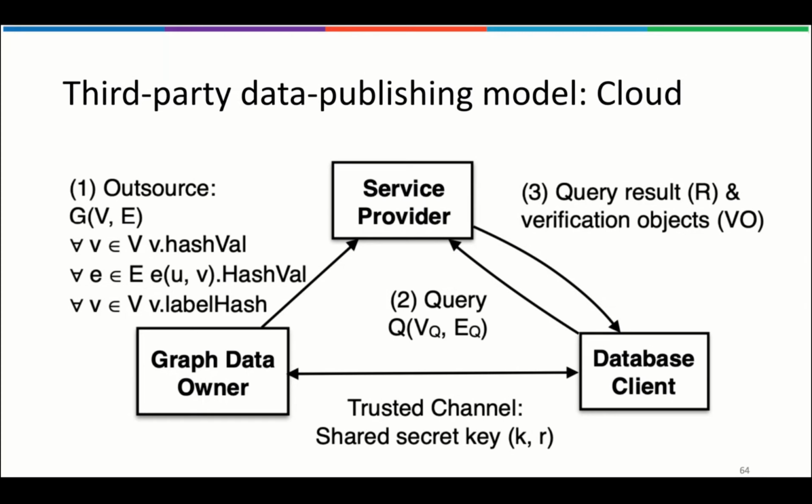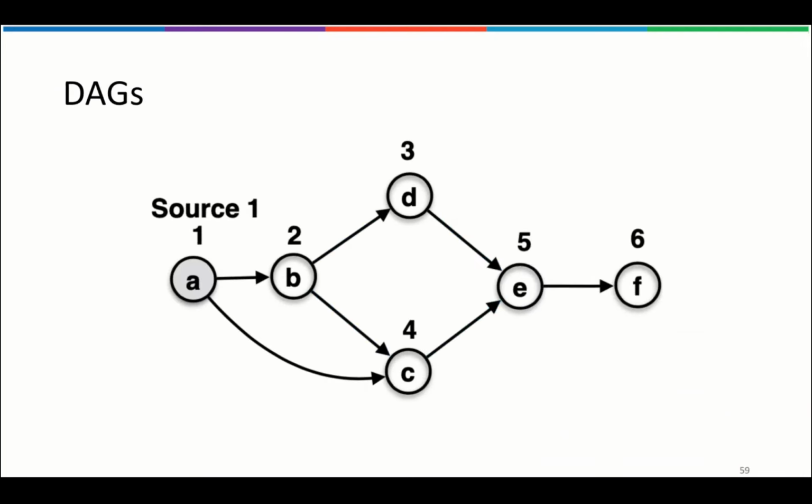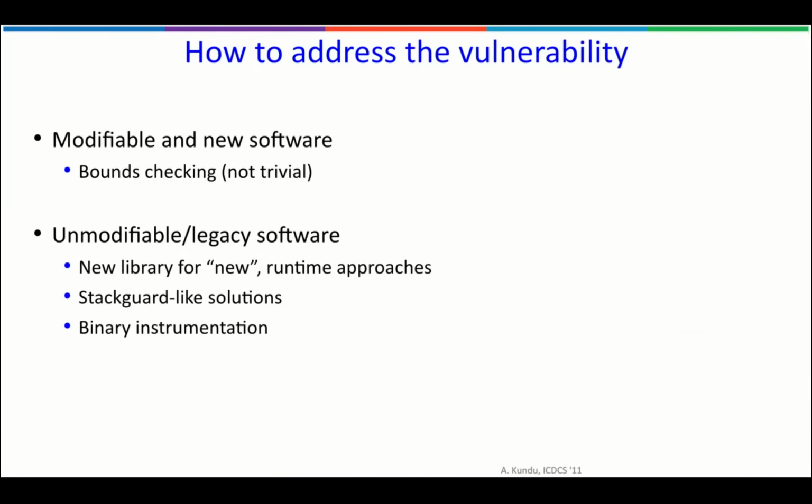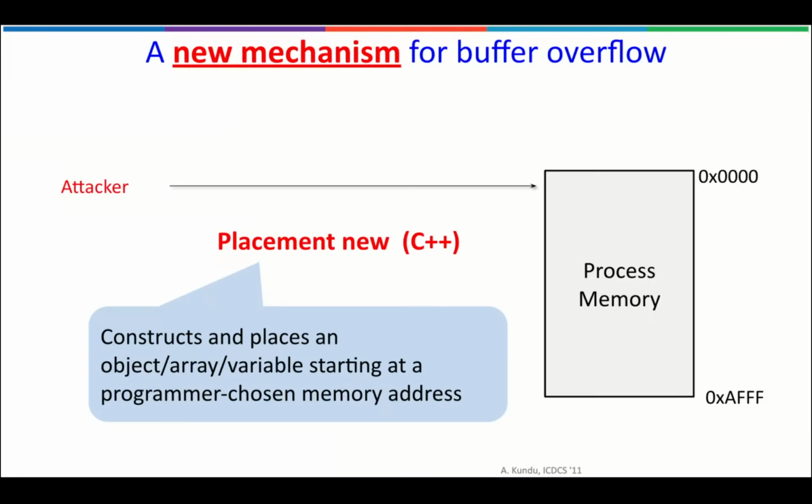Now, question 7: what are placement new attacks? Placement new attacks are carried out by exploiting the placement new vulnerability. In the second mini talk, I introduced the concept of placement new, which is that you can place an object, an array, or a variable starting at a programmer-chosen memory address.